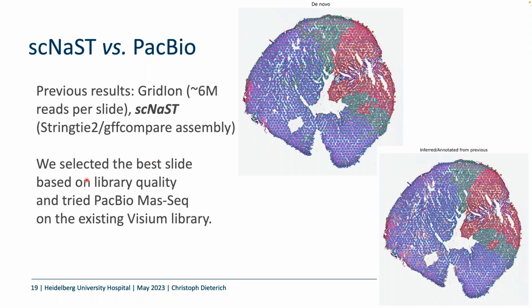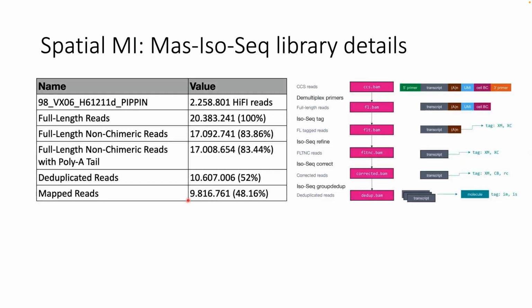So we then tried the Pacific Bioscience MAS-Seq approach on the existing Visium library, which we picked because it turned out to be the best from our previous ones, and looked into it in more detail. We sequenced it on the Sequel 2E, and that's what we got here. We got 2.2 million HiFi reads, and those were segmented into about 20 million full-length reads.